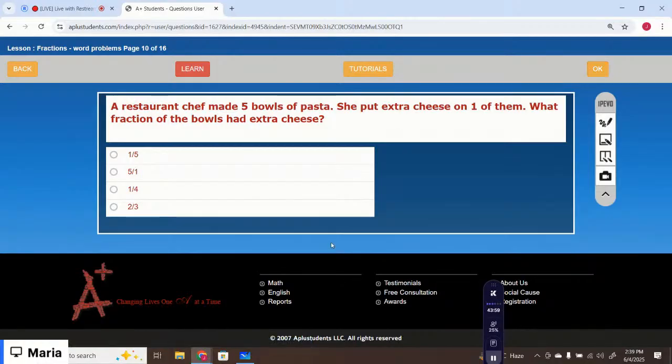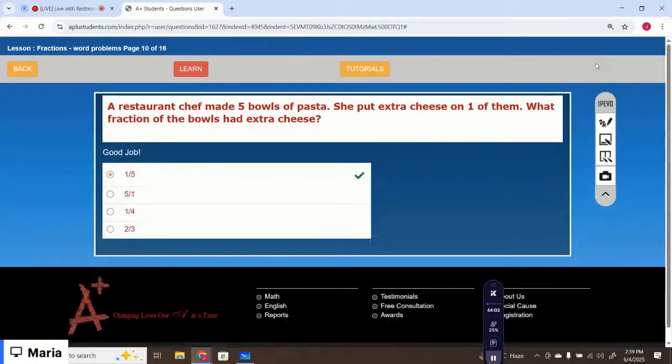That is 1 out of 5. Option number 1 is the correct option.